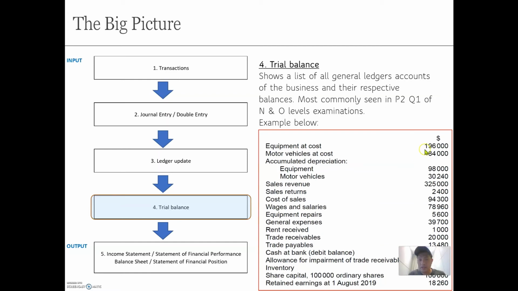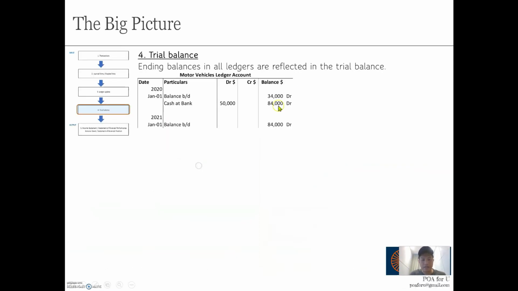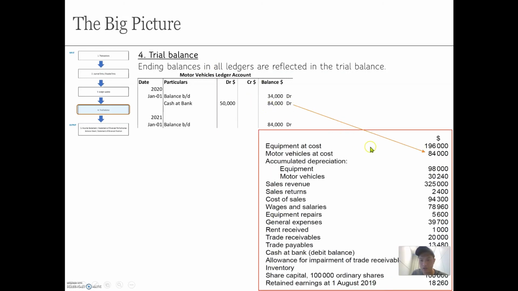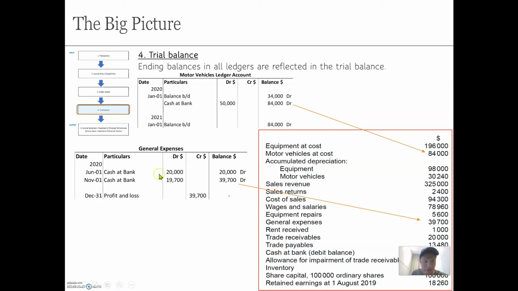So the question here is, how do these numbers come about in the trial balance? Remember, the input for the trial balance is the ledger. If you look at the ledger, that's something we did a couple of slides earlier. This balance of 84,000 in the motor vehicle ledger will drop into the trial balance. So each of these items in the trial balance has its own ledger.